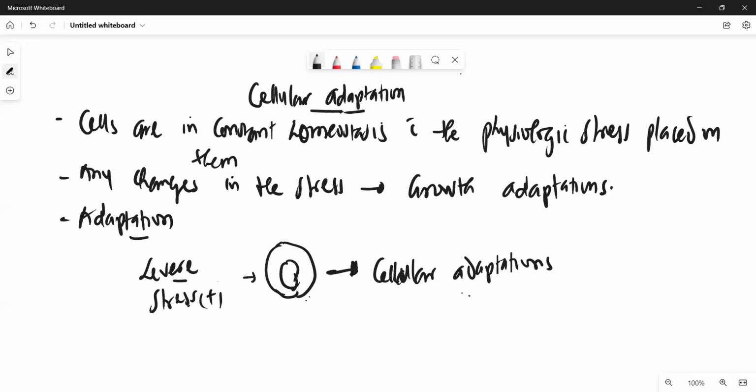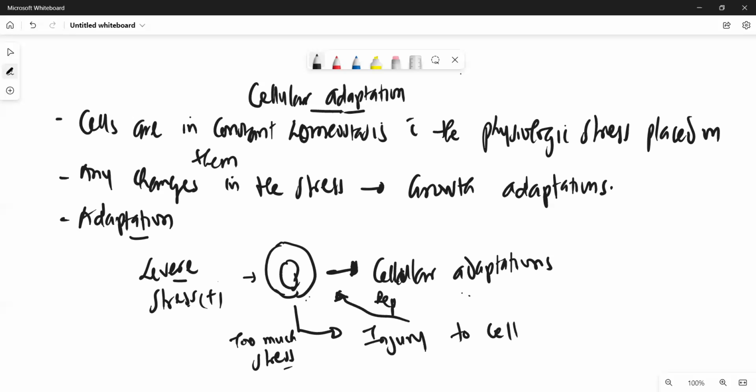And if the stress is too much, that can lead to injury to the cell. So if there's too much stress and there's injury to the cell, the cell could be repaired. And if you repair the cell and the stress is removed, the cell will go back to its usual state.